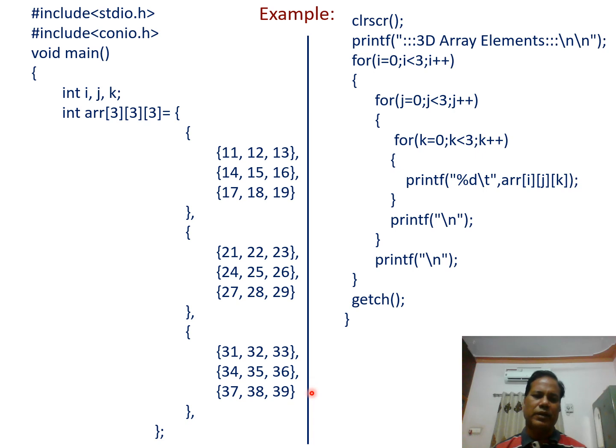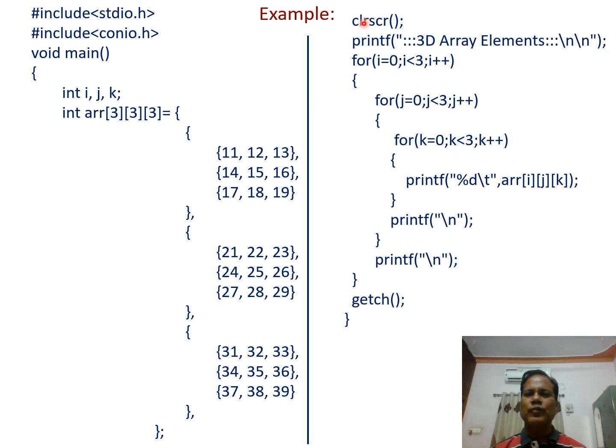So each 2D array is separated by a comma. So the values of the 3D array are initialized like this, by writing explicitly all the values in the two-dimensional arrays and writing all the two-dimensional arrays.